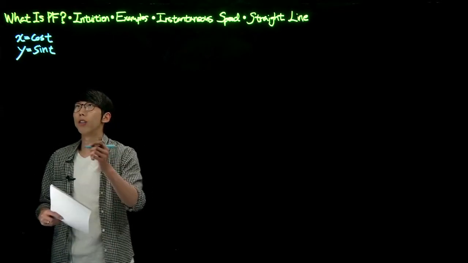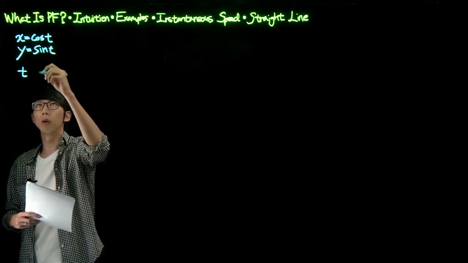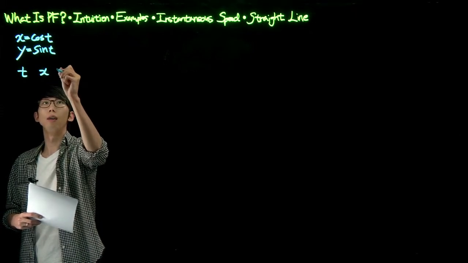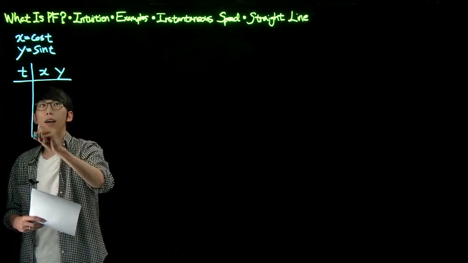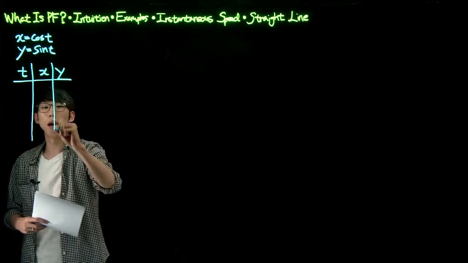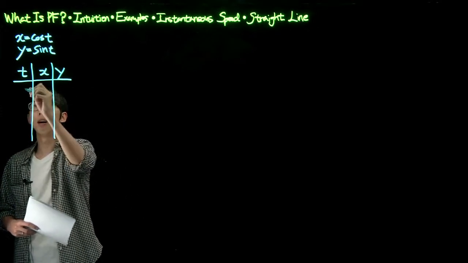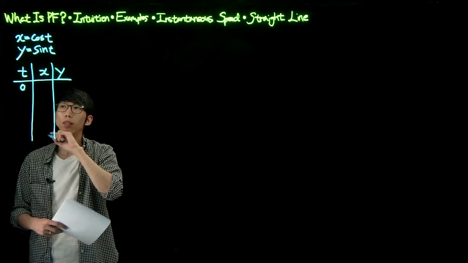Okay, so we can have t, and x and y all along here. And since these are trigonometric functions, we're going to go by increments of 1/6 pi.